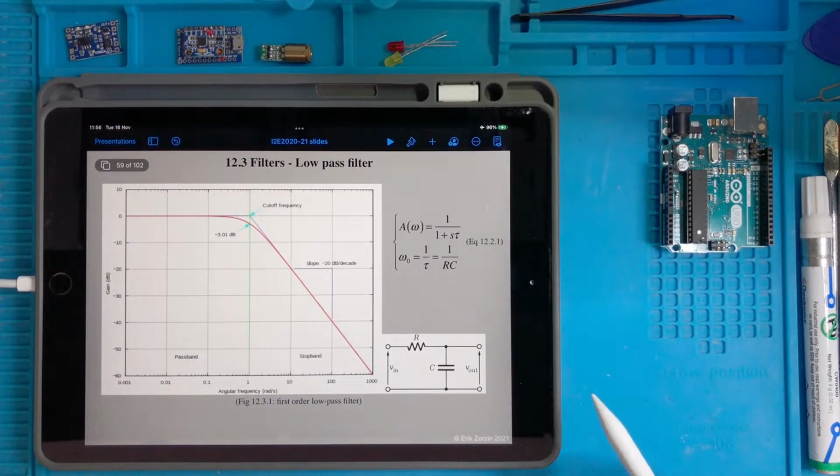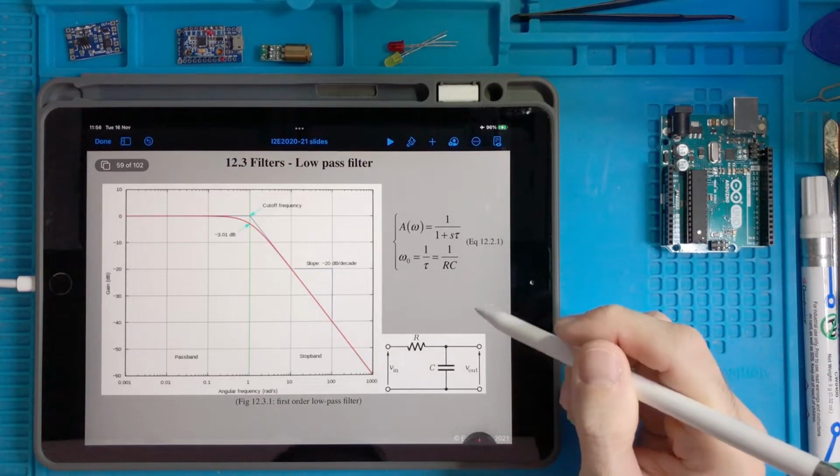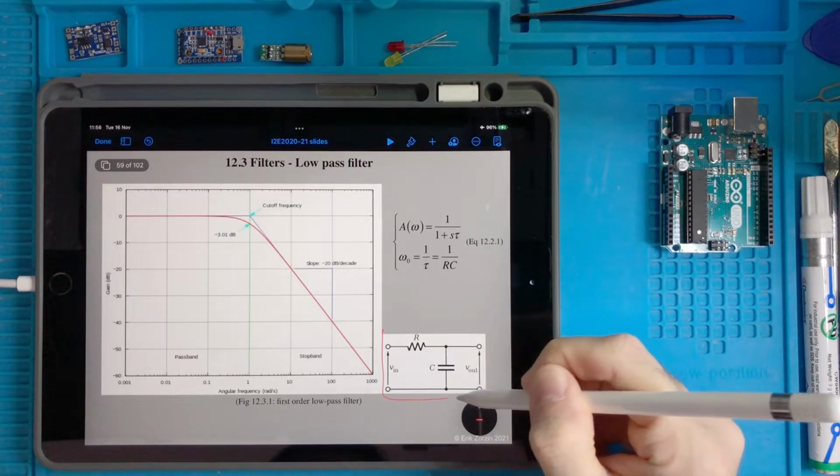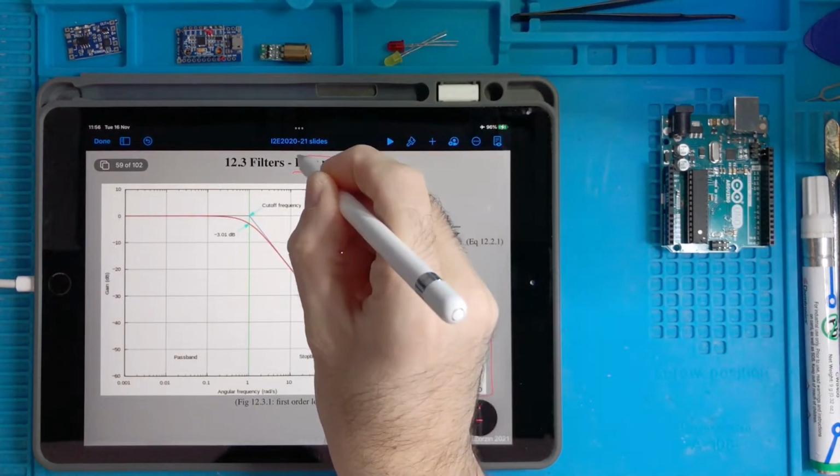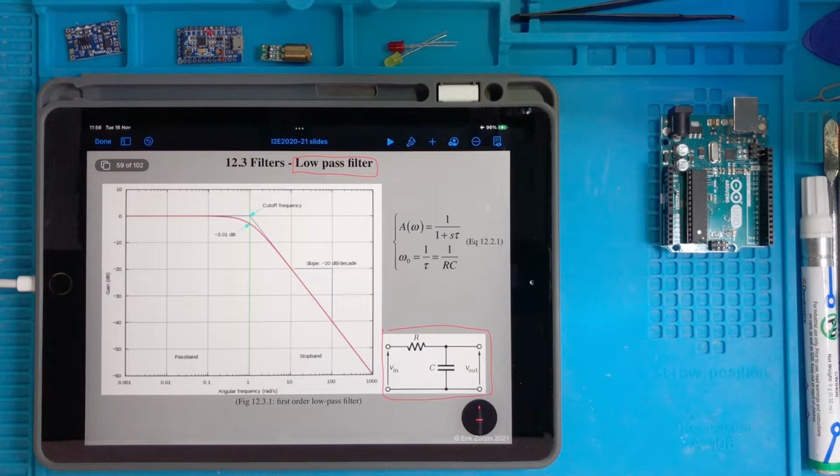The application is the study of this circuit, which we call the low-pass filter. Notice that it is a voltage divider, but it's made of one resistor and one capacitor. So we can use the formalism that we have just studied, the phasors, in order to study this circuit.